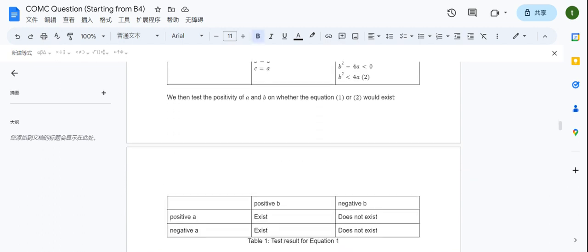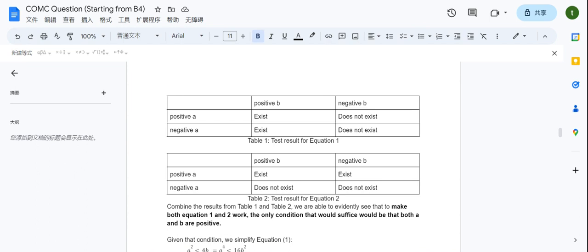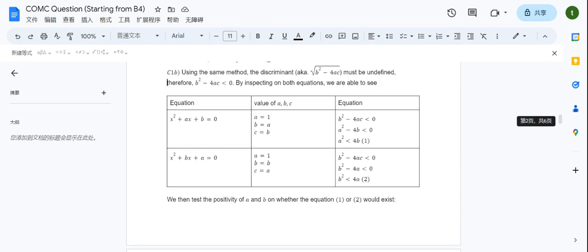Hence, a positive a and a negative b should not exist, while a negative a and negative b also does not exist because the left side, a negative squared, is positive, and the right side is negative. So positive cannot be smaller than negative.